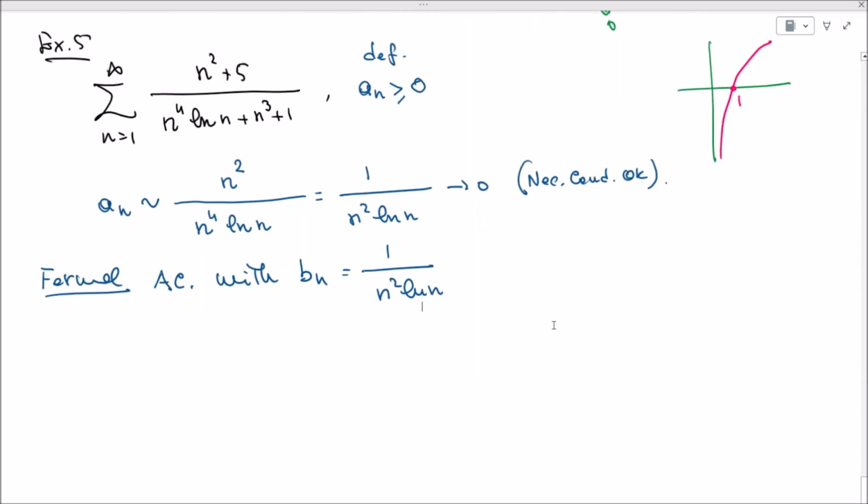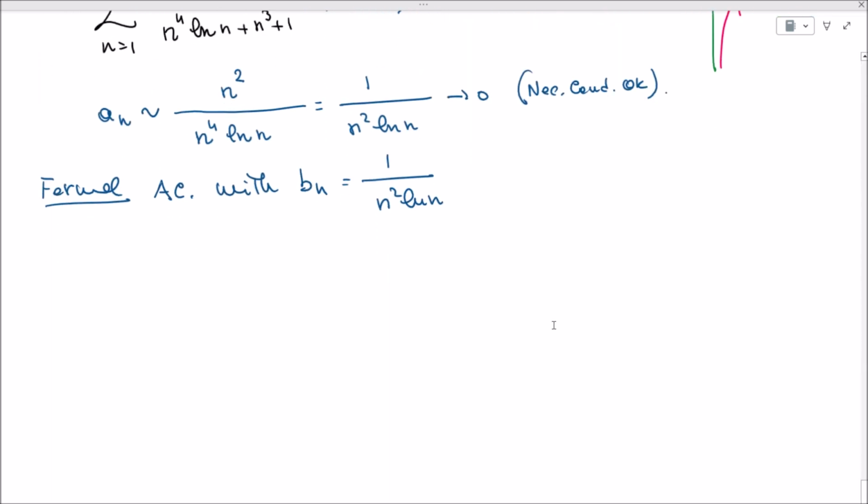So what we need to do now is to evaluate the ratio an divided by bn. Now an is (n squared plus 5) divided by (n to the fourth logarithm of n plus n to the cube plus 1). And if we divide by bn, this is just like multiplying by n squared logarithm of n.